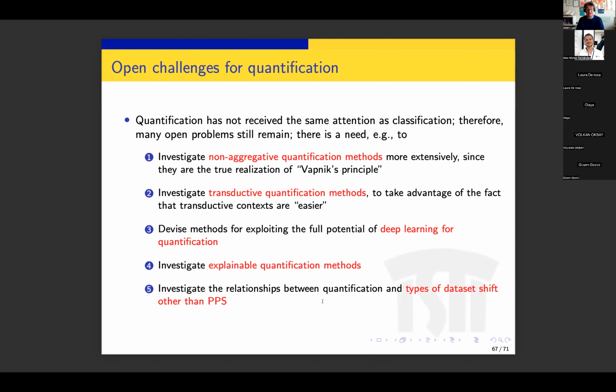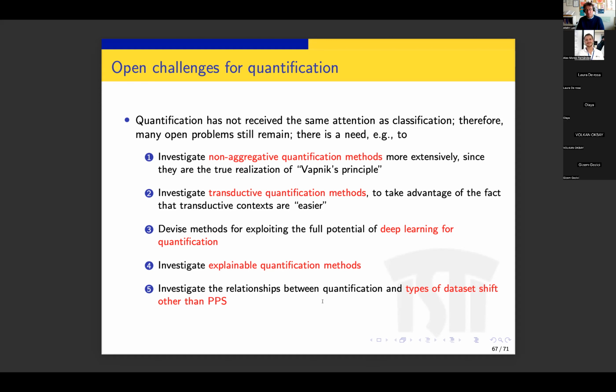That's a transductive context. Very little research has been going on transductive quantification methods. We might say that the Saerens-Latinne-Decaestecker algorithm has a sort of transductive character because it takes an unlabeled data set and essentially iterates on that data set only. So more research on these kinds of methods should be done.